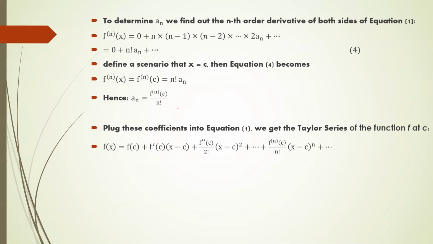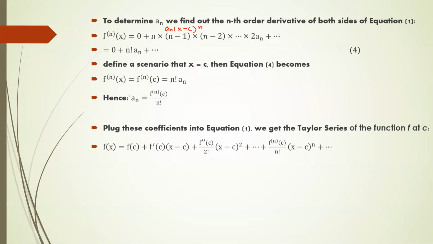So basically we apply this. We just keep finding the next order derivatives of equation 1. For an times (x minus c) to the power of n, we take the nth order derivative. And this basically equals, the coefficient is factorial of n times an, and the higher order terms just equal 0 when we imply x equals c here.